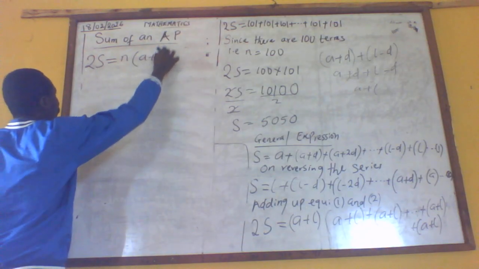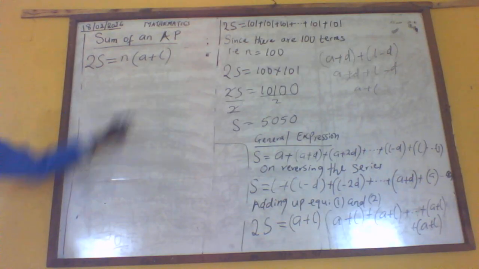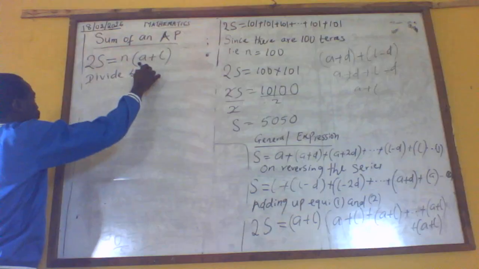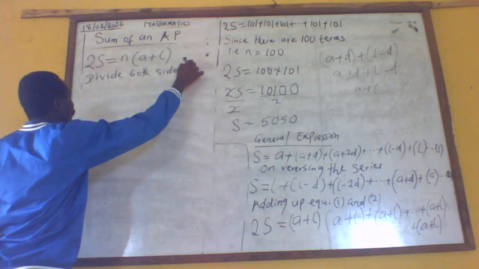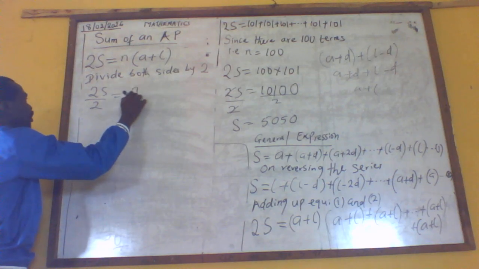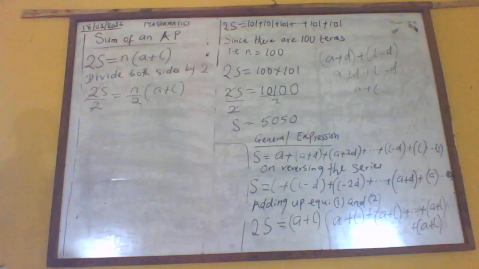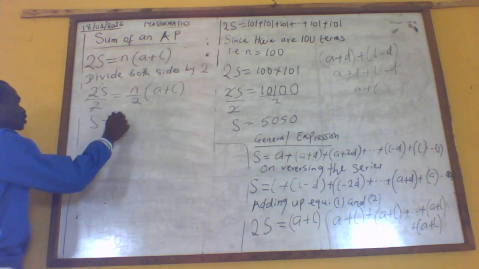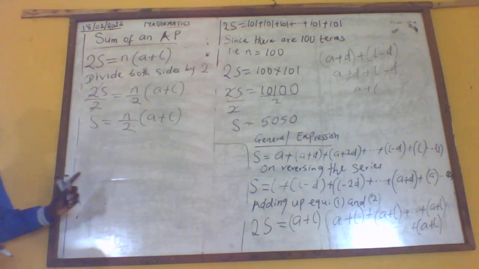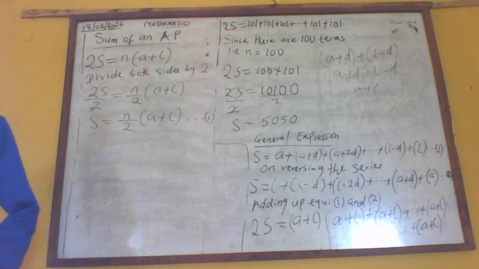A plus N. Is that not it? So to get the sum, we divide both sides by what? By 2. So I have 2S over 2 equal to N over 2 into A plus N. So this takes care of this. Then S equals N over 2 into A plus N. And this is the first expression for the sum of an AP.